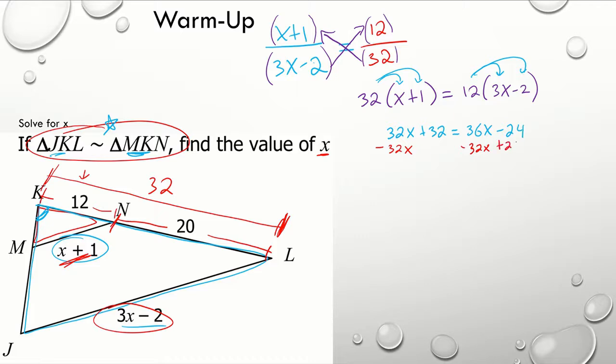At the same time, I'm also going to move this 24 over. So on the left side, I have 56. On the right side, 36 minus 32 leaves me with 4x. And the last step here is to divide both sides by 4. On the right side, I get x, and on the left side, I get 14.